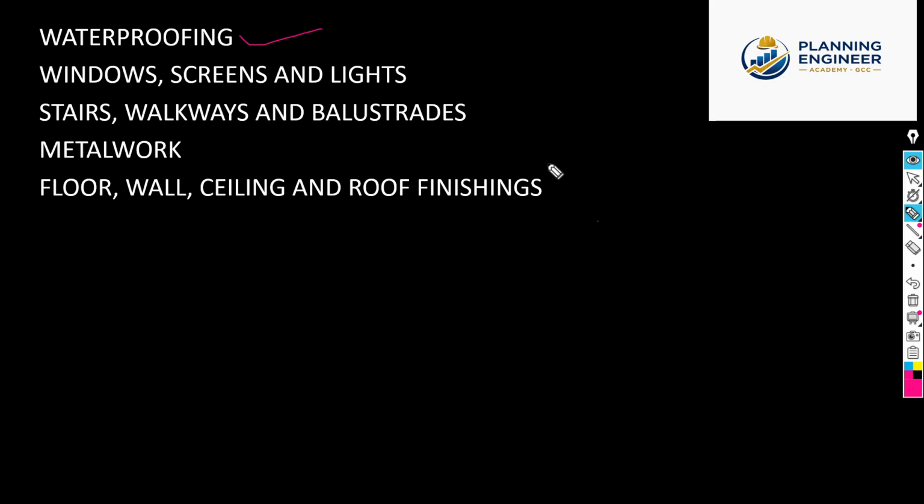I'll explain everything, and I'll give you the cross section of that, and the procedure for that. If someone is asking what is the waterproofing work, you can say that it is a critical step for wet areas and roof to ensure long-term quality. Next, windows, screens and lights.